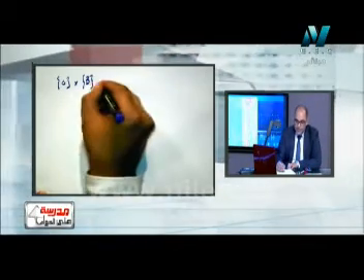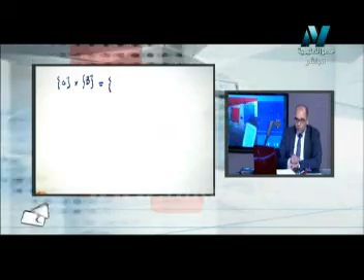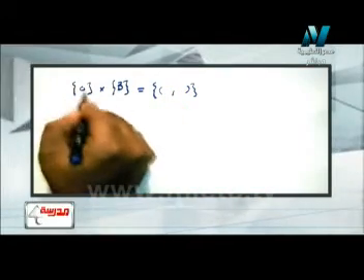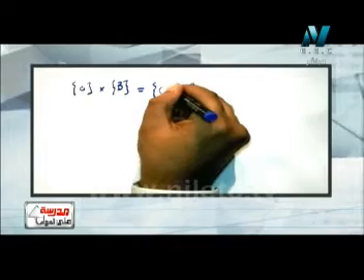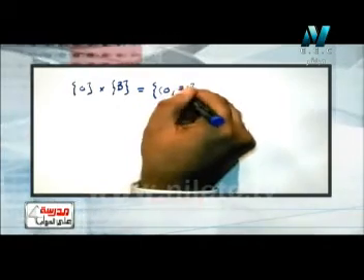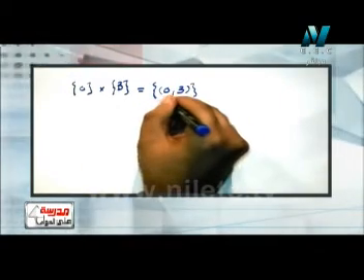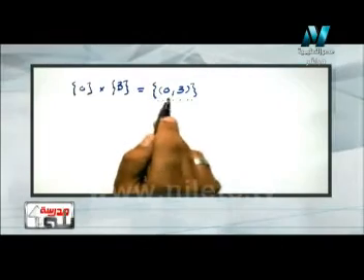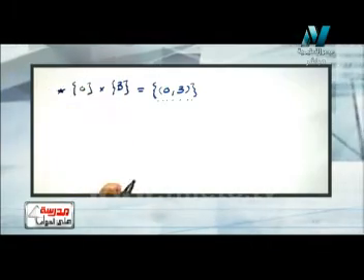To find the answer in simplest form, we can put two braces like that and make ordered pairs. Write in the first element the number in the first set, which is 0, and put the second element in the second space, which is 3. So we have the final result equals the set of the ordered pair 0 and 3. Okay? That's all.